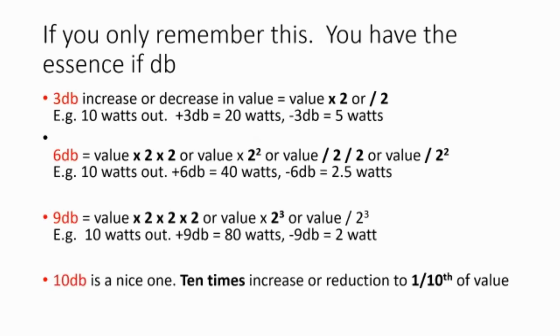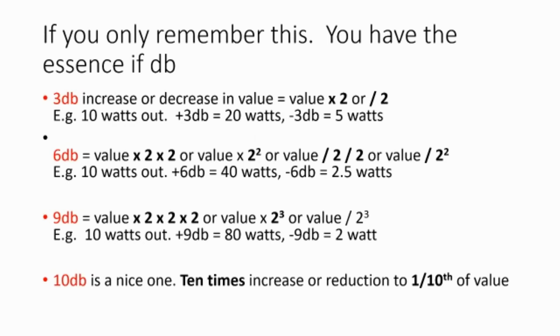So if we have 10 watts out and we add 3 dB, we get 20 watts. If we have 10 watts out and we have minus 3 dB, we're down to 5 watts. 6 dB equals the value multiplied by 2 and multiplied by 2 again, or 2 to the power of 2. And the negative value is the same thing. It's divided by 2 to the power of 2.